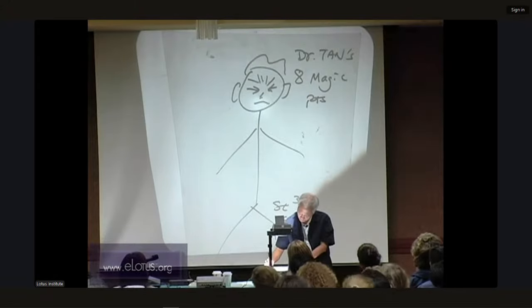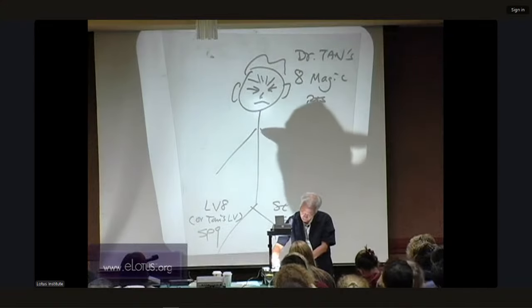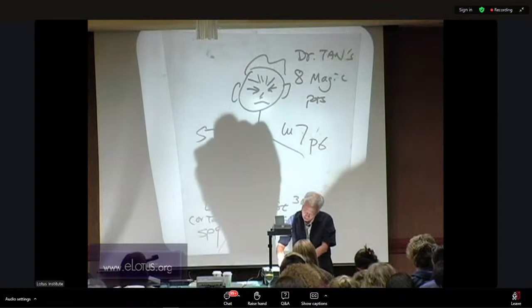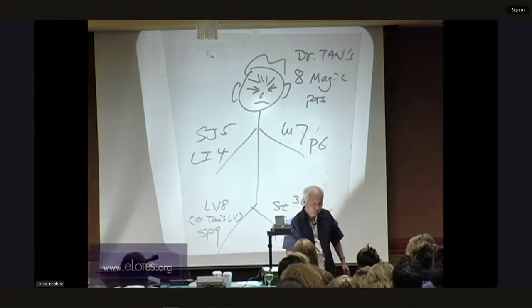Liver 8, or my points. Spleen 9, lung 7, P6, Sanjiao 5, large intestine 4. Done.